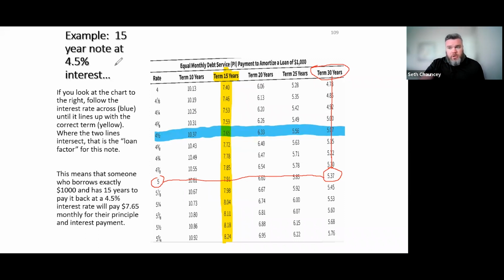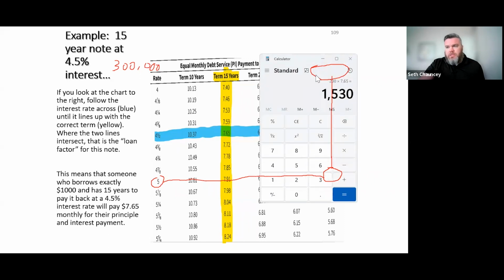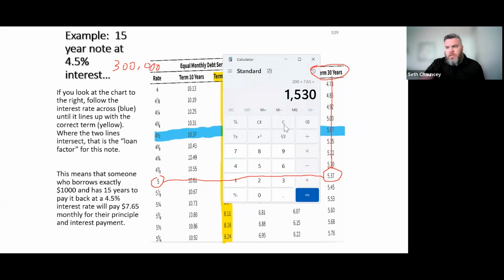If you were borrowing $300,000 and I said, what is the principal and interest payment? All you do, once again, is figure out how many times 1,000 goes into the amount you borrowed. In this case, $300,000 divided by 1,000 goes into it 300 times. And so think about it.